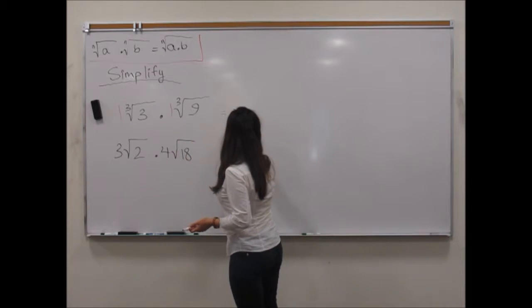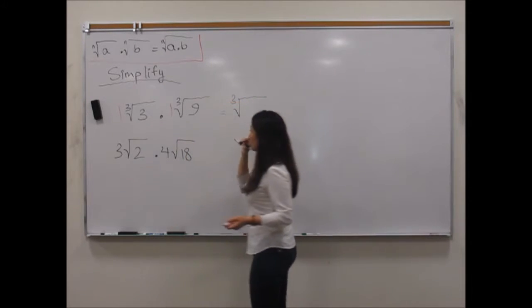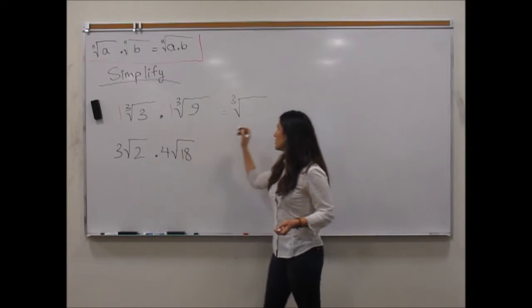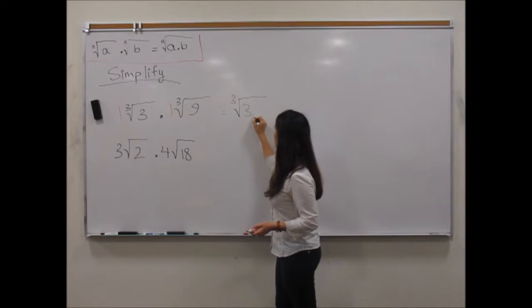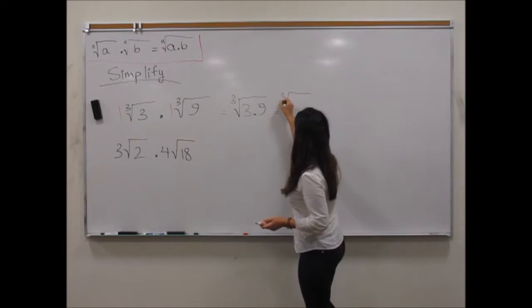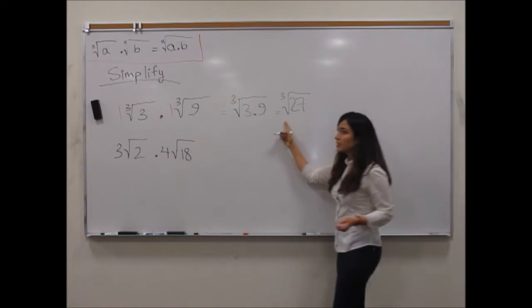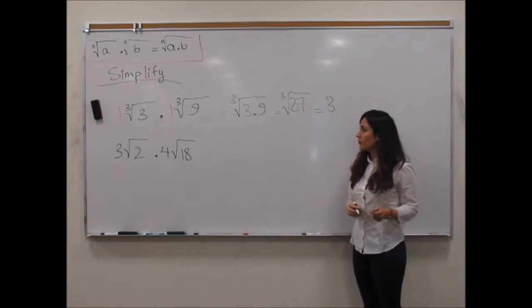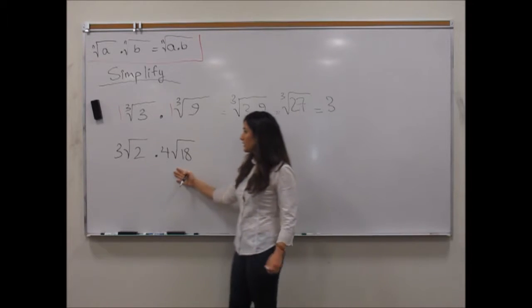I write the radical with the index, cube root, and 9 times 3, and 9 times 3 is 27, and 27 is a perfect cube, so it's 3.